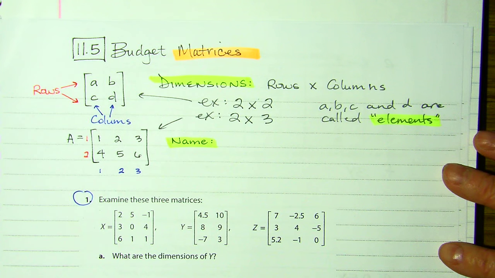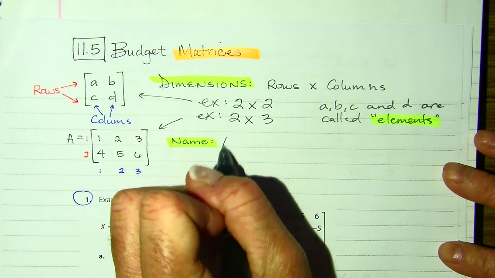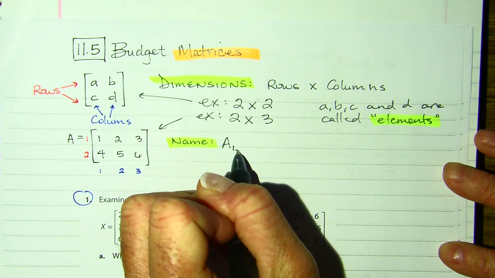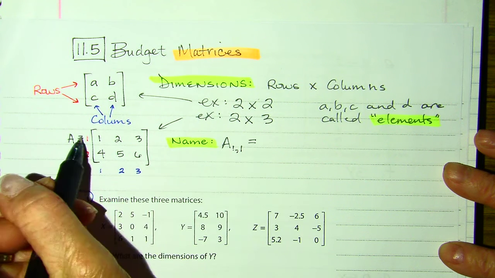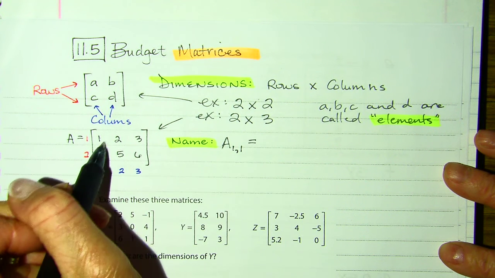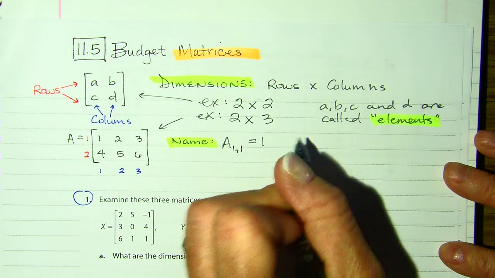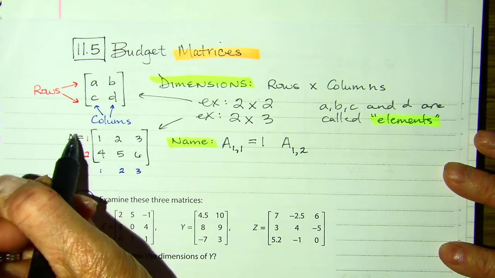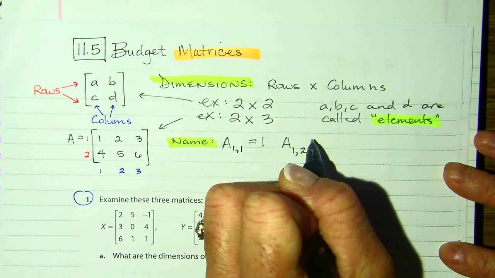So I would say that A, and then at the very bottom, I would list row 1, column 1. So row 1, column 1 equals 1. A, row 1, column 2. So here's row 1, column 2 equals 2.